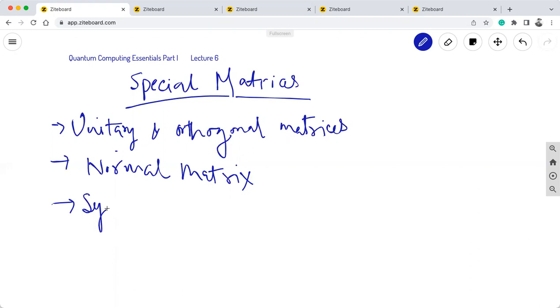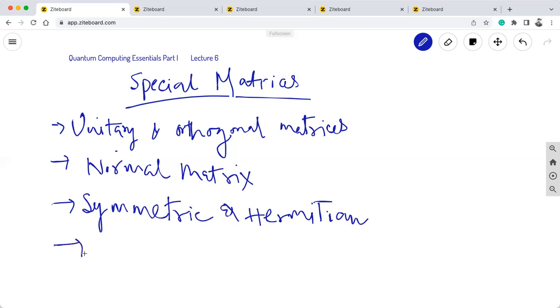Then we'll discuss the positive semi-definite matrix, or the PSD matrix.